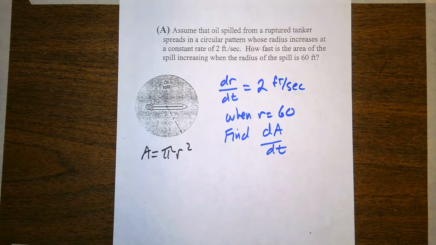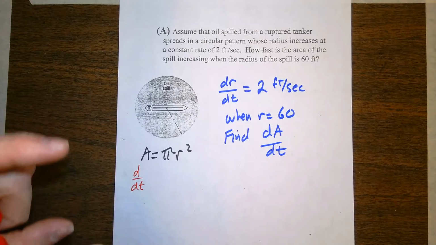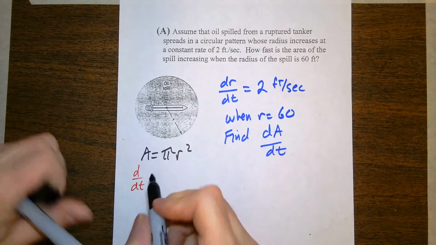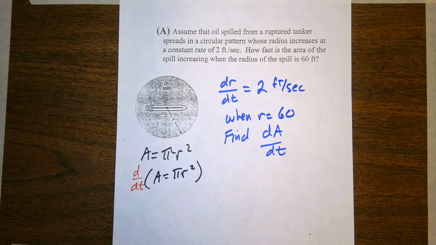So now we're going to take this and differentiate with respect to time. So d/dt of the formula area equals pi r squared.